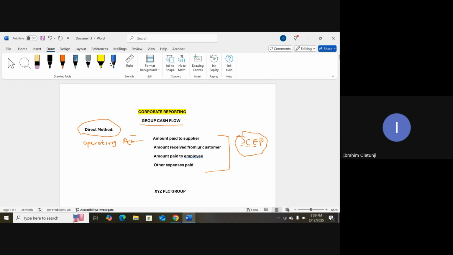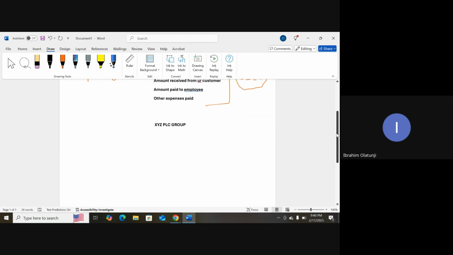Then under it, you write the title of what the examiner is asking us to do: Statement of Cash Flow.